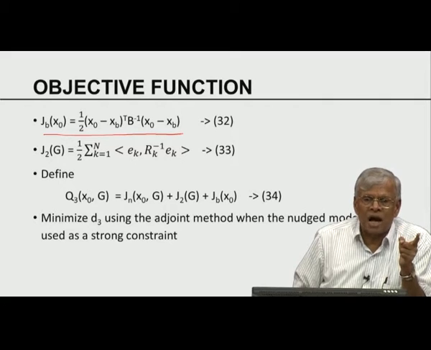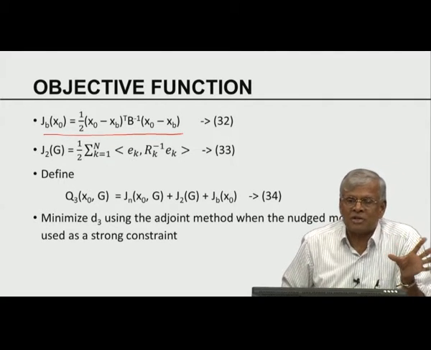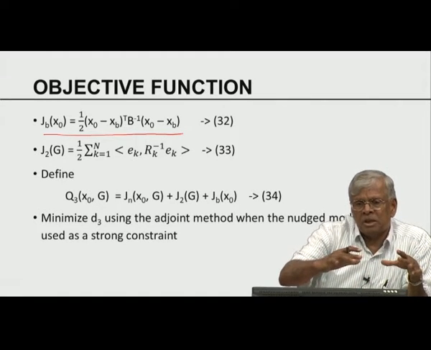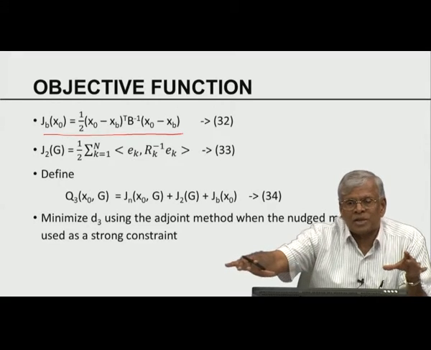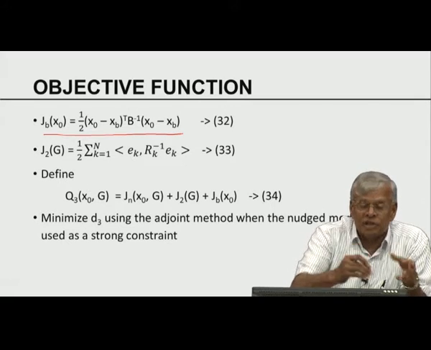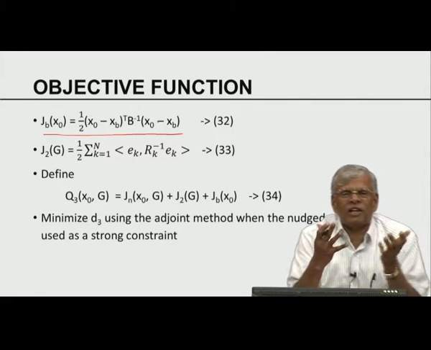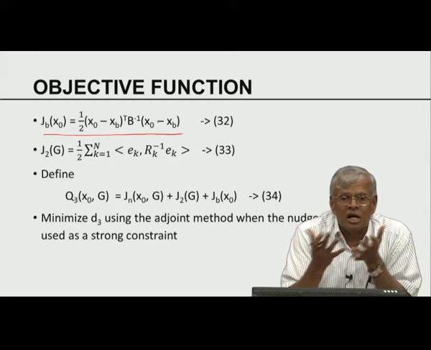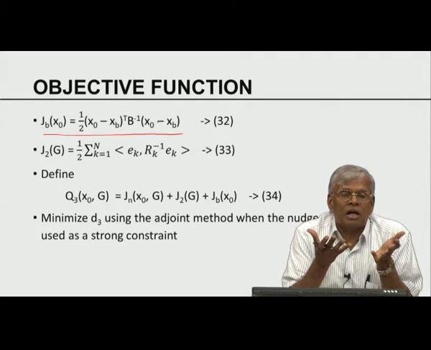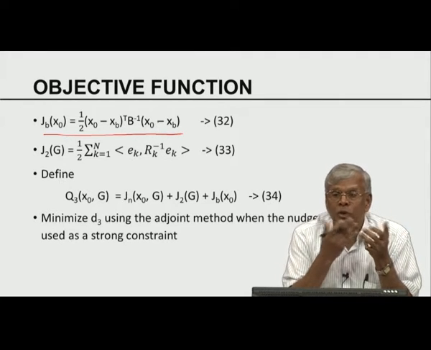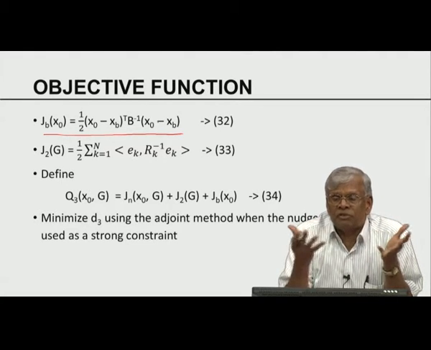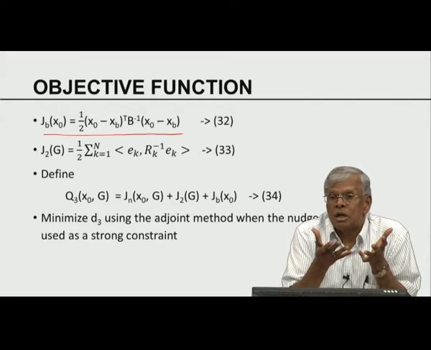What is the background term? X naught. Until now we did not worry too much about x naught. So initially I may allow the error, but as the system picks up in time the error will reduce. That was the basic idea. Now they would like to start with some background information for the model initial state itself. So that goes to show you the flexibility of how many such terms, if you knew, you can add to the objective function to create a solution that takes care of several pieces of information that you may want to bring to bear on the problem.